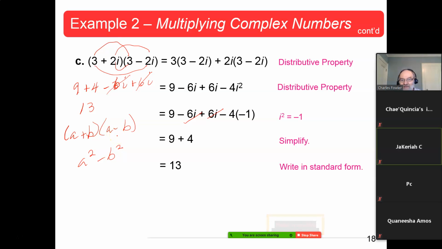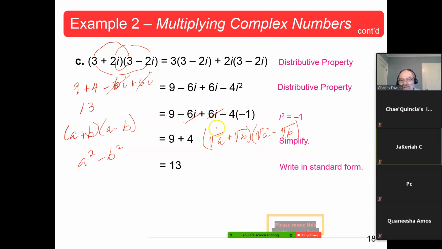Now, another context we did this in: if we did the square root of A plus the square root of B times the square root of A minus the square root of B. Okay, that is also multiplying an entity by its conjugate.